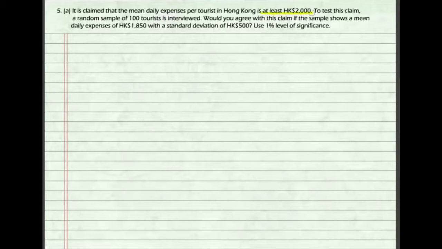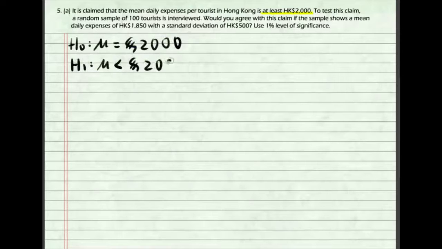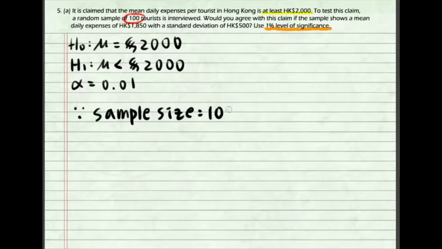Since it is claimed that the mean daily expenses per tourist in Hong Kong is at least $2,000, we have the null hypothesis H0, mu equals $2,000, and the alternative hypothesis H1, mu is smaller than $2,000. And since we use 1% level of significance, alpha is equal to 0.01. From the question, we can see that the sample size is 100.